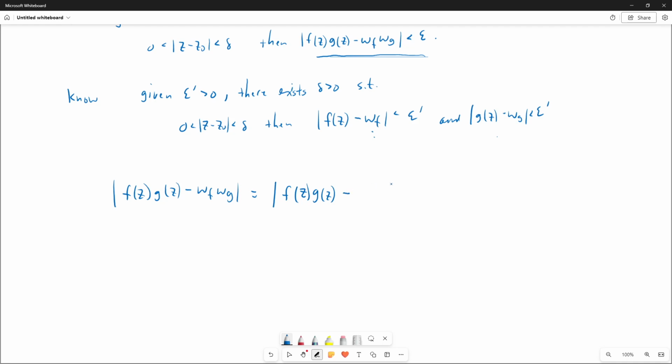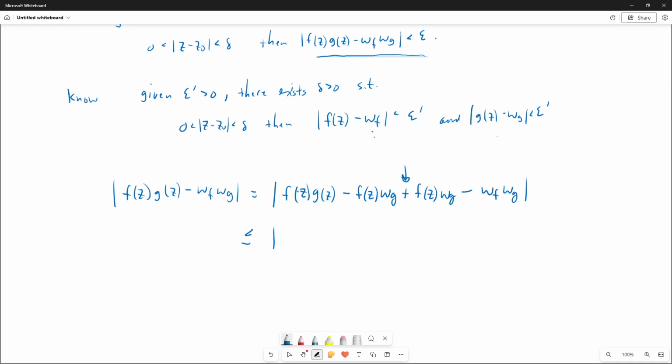So we're going to subtract f of z times wg, and then we're going to add that back on, f of z times wg, so that's just 0, and then minus wf wg. So those are equal because we've just inserted 0 here. And now at this plus sign, we will use the triangle inequality.